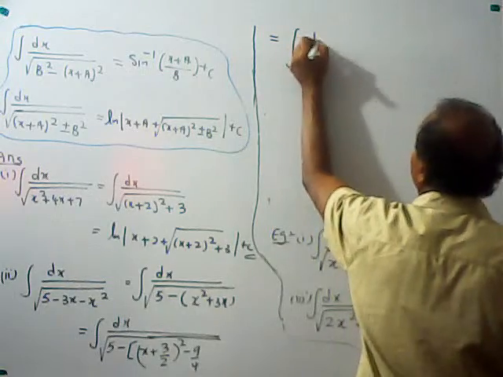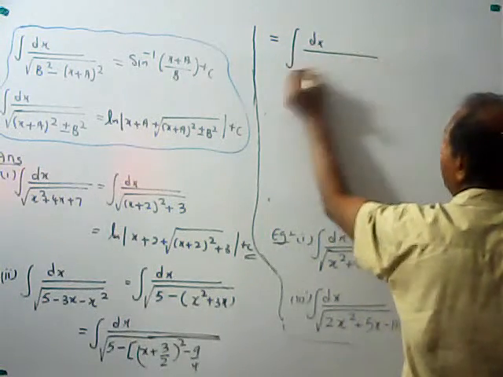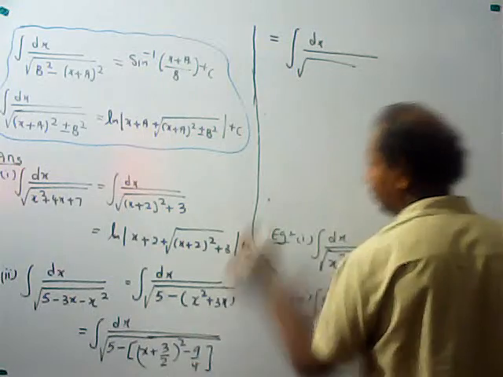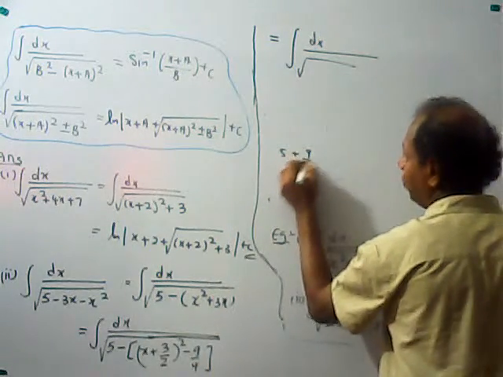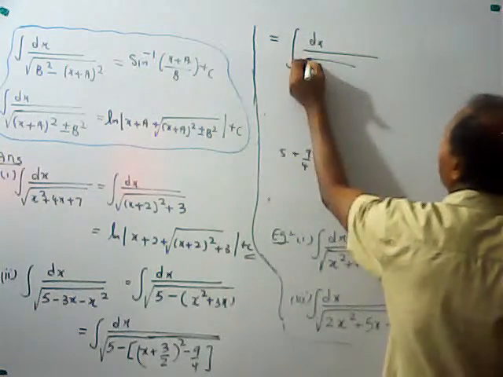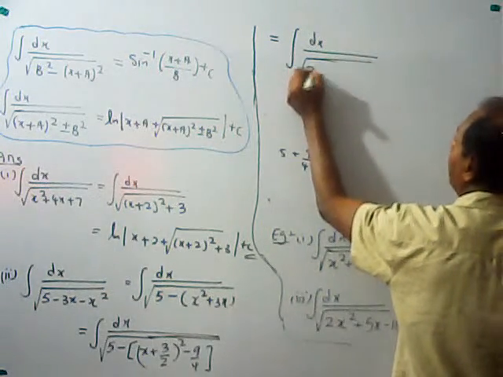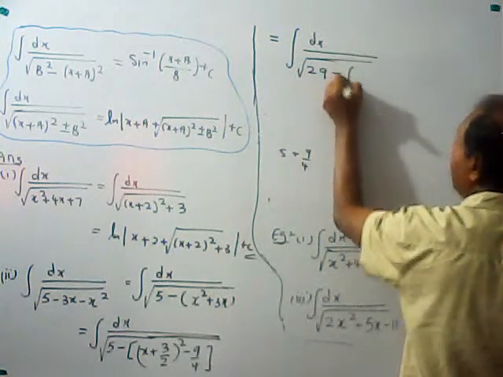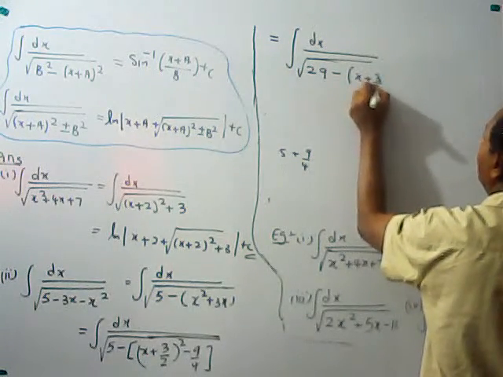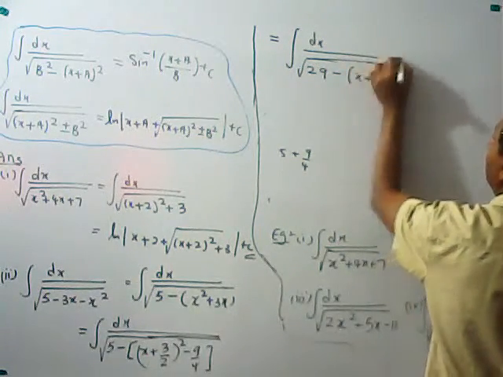the integral over square root of, we have 5 plus 9 over 4. That will be 29 over 4. So 29 over 4 minus (x plus 3 over 2) squared.